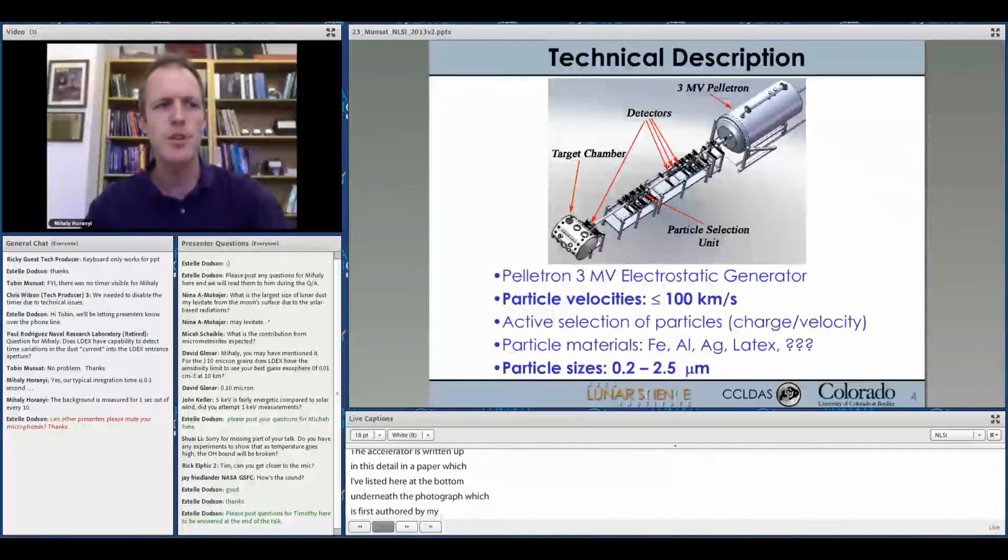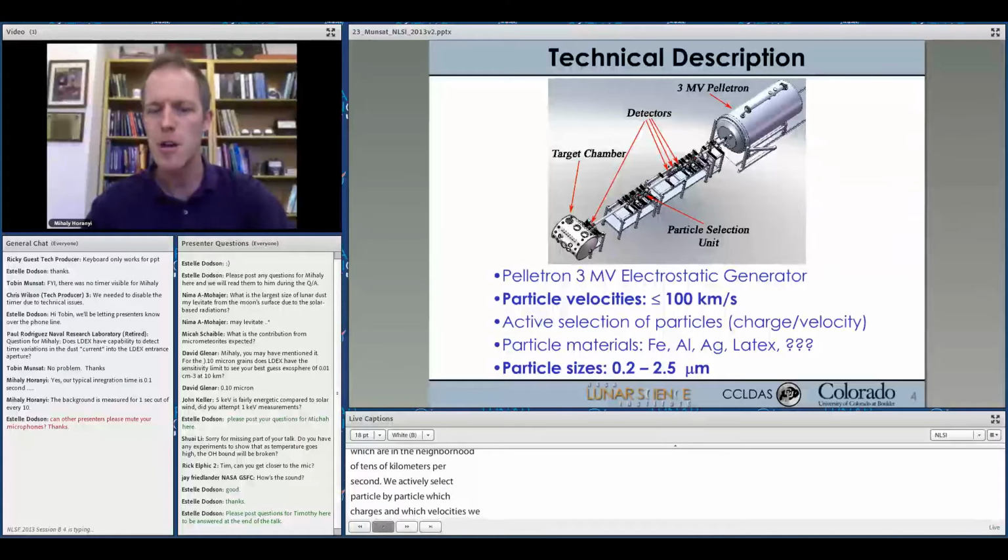To go over the quick technical description of what the accelerator does, this is a linear electrostatic accelerator. We charge up particles and then launch them down the beamline. We achieve velocities which are in the neighborhood of tens of kilometers per second. We actively select particle by particle which charges and which velocities we want to have reach the target.